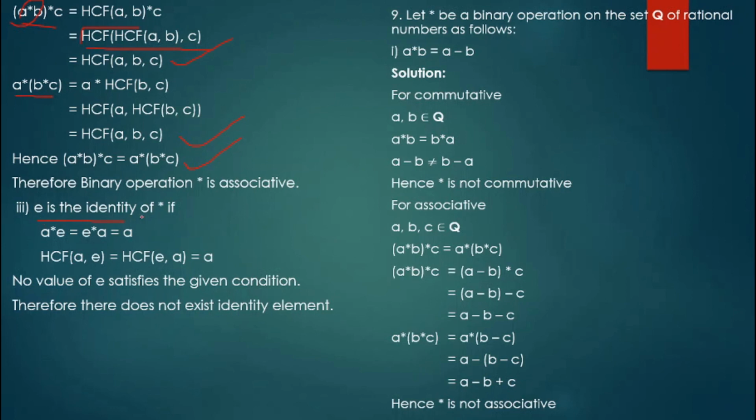If E is the identity of star, we know the property A star E is equal to E star A is equal to A. So here if it is A star E, we take HCF of A, E, and if it is E star A, HCF of E, A. It is equal, yes. Do you think it is equal? We take E as 1.